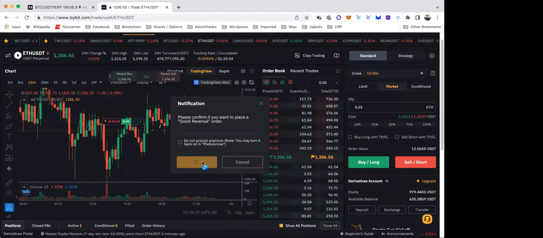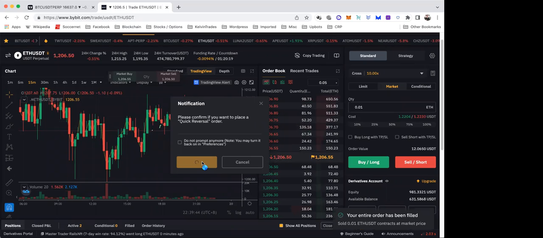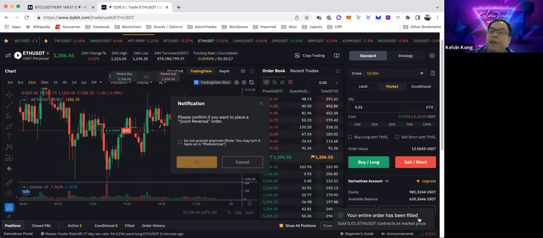Oh, so you just click this and it becomes short for you. Yep. Normally it's not so slow, because of Zoom. So the entire order becomes short.